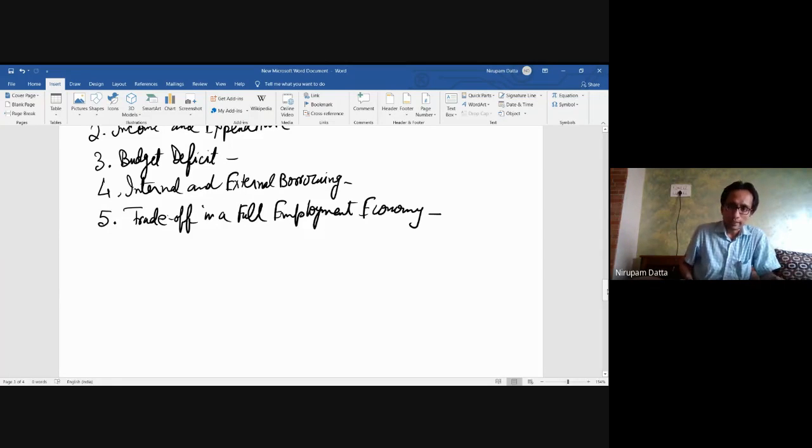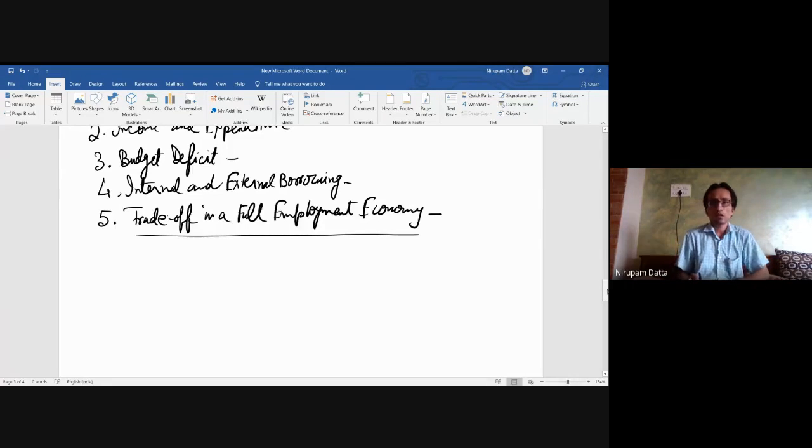So one firm can offer more wages and hence get workers or resources from another firm and increase production in its own firm, whereby the second firm faces a fall in production of goods and services. So this internal adjustment can happen, but in a full employment economy, this trade-off is not possible. You cannot win away resources from one sector of the economy to another to increase the overall output level in the economy. Whatever is the productive capacity in the economy, you cannot exceed it.